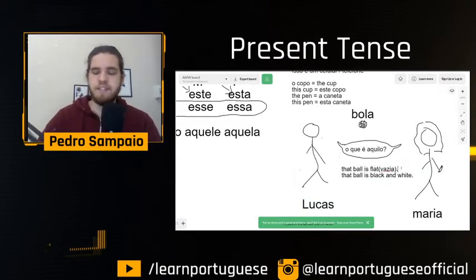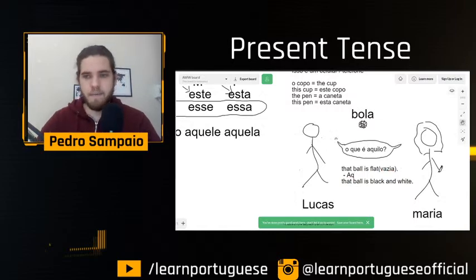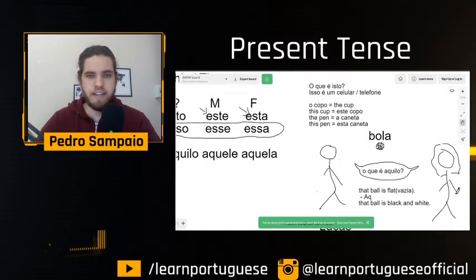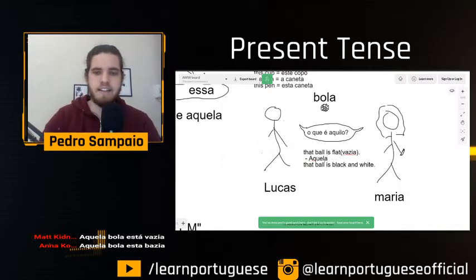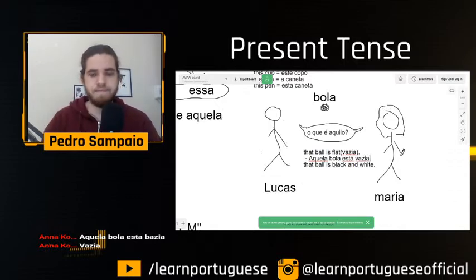In Portuguese, we translate that into, we're going to use then aquela, because we already know bola is feminine, it finishes in a, so we need to use aquela. So they're both going to say aquela bola. And as we know, flat is temporary, so we're going to use the verb está. Está vazia. So that ball is flat.